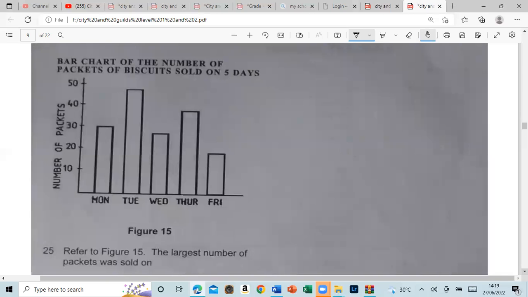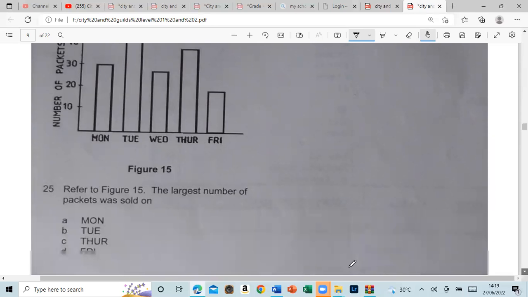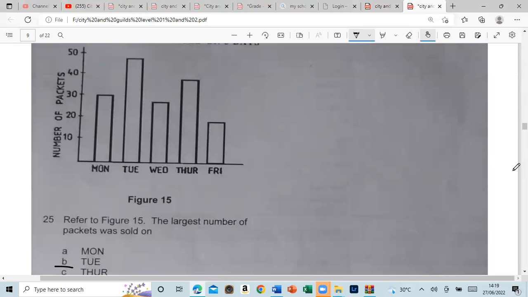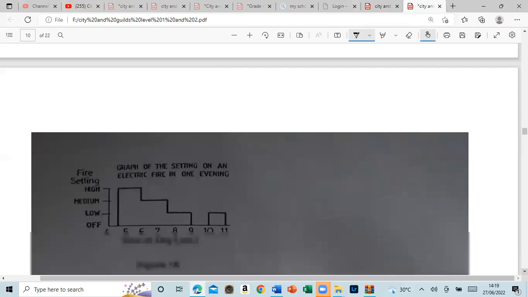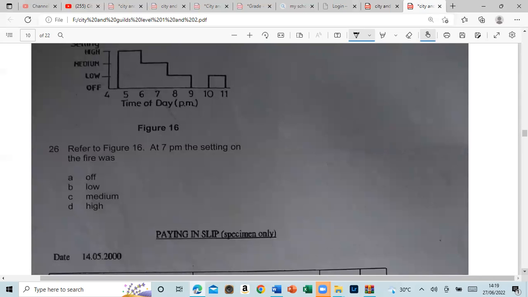Item 35 refers to the largest number of pockets sold was on, and that would be Tuesday, which is the longest bar. So the one with the longest bar is the one being sold most, and that is Tuesday, almost 50, right? All right, 26 now.